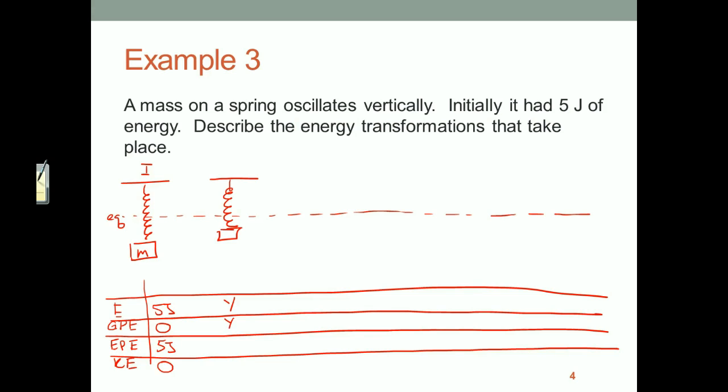It has gravitational potential because it is up above the bottom. Oh, I put my first Y in the wrong spot. Sorry about that. There we go. It has gravitational potential because it's up above the bottom. It has elastic potential because we're still stretched, and it is moving, so it will have kinetic, but whatever those are, they still have to add up to 5 joules.